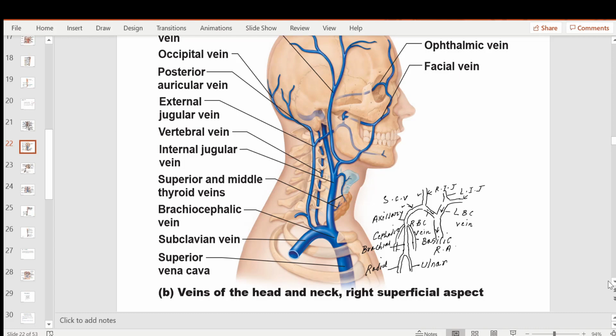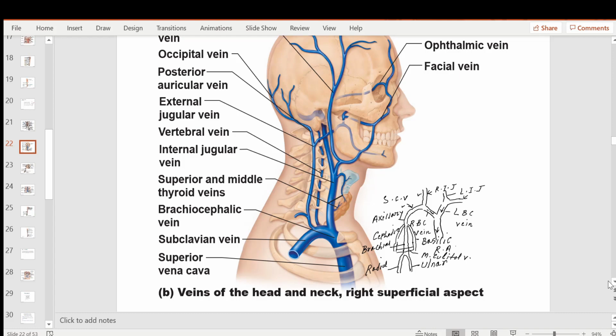Okay, and what happens to the cephalic and basilic? In front of your elbow, they get connected by a vein that is called the median cubital vein. We collect the blood for lab. So median cubital vein.